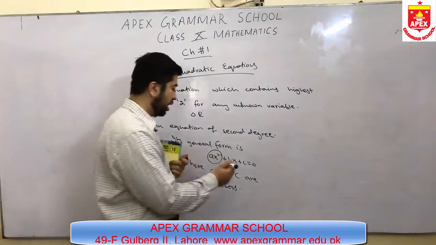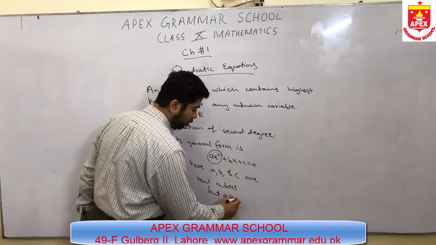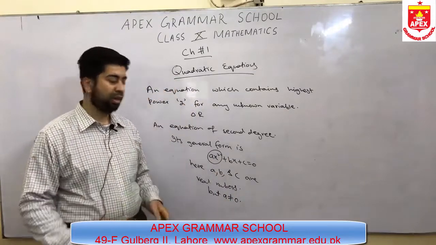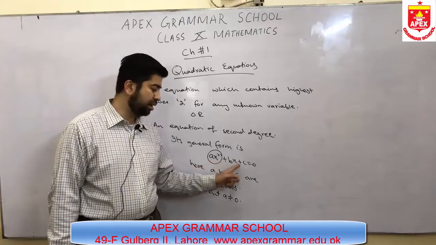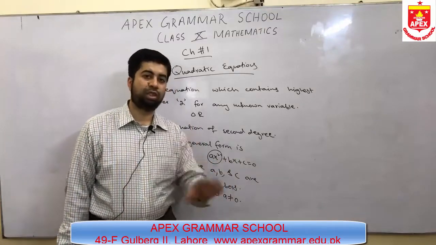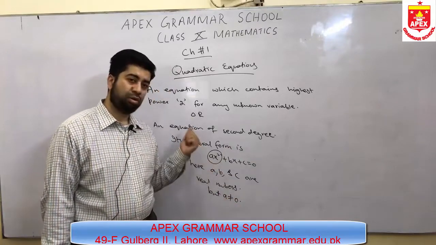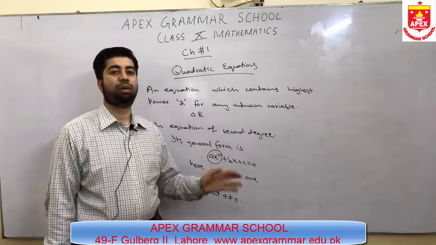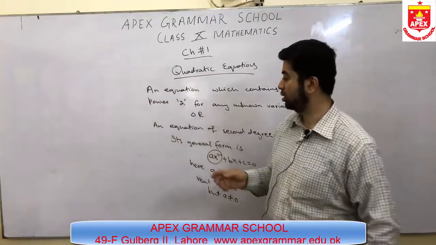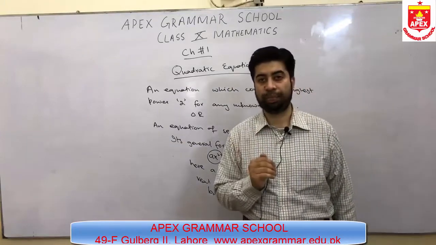So we have to put a not equal to 0. If a is not equal to 0, then it remains a quadratic equation. But if b and c are 0, then there is no problem; it will still remain a quadratic equation. So the quadratic equation is an equation of degree 2, with maximum power 2.